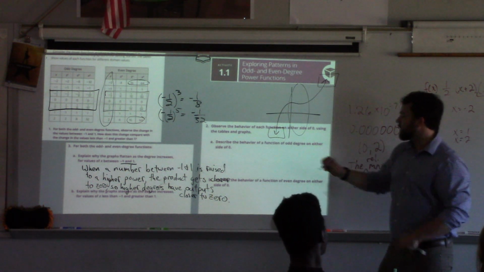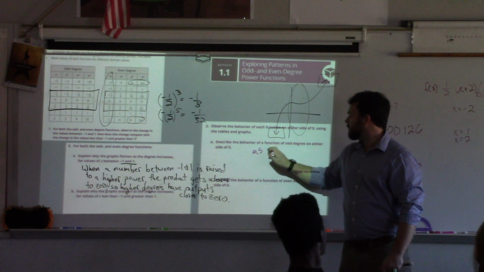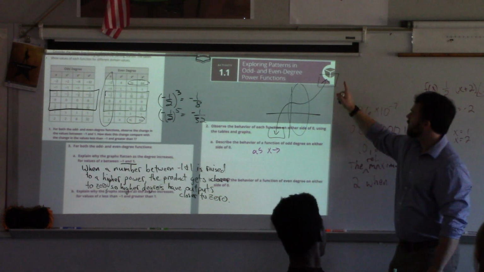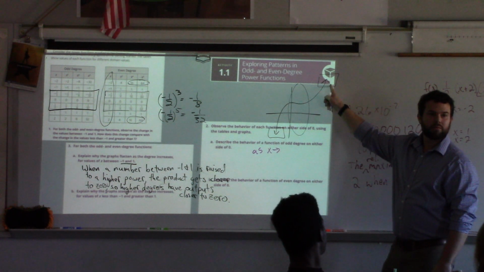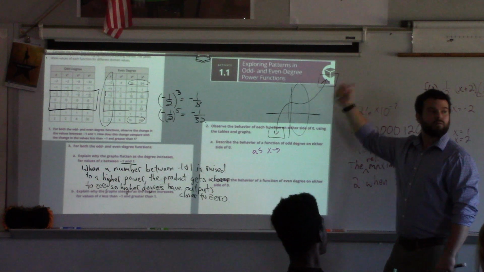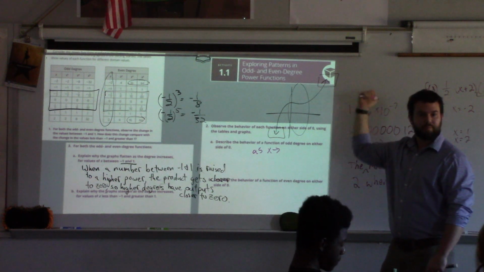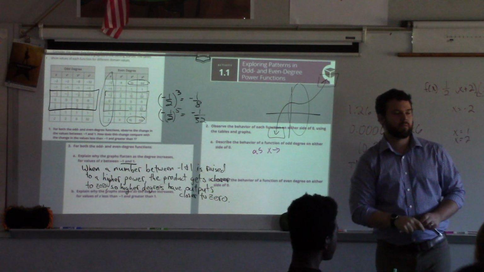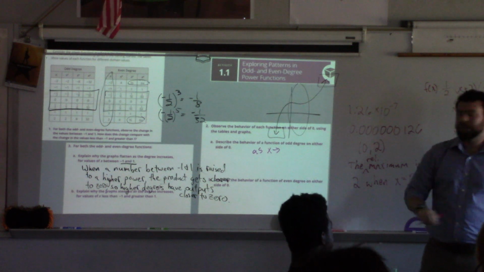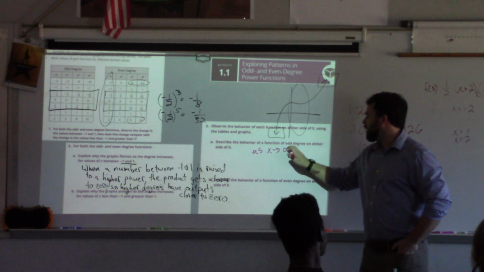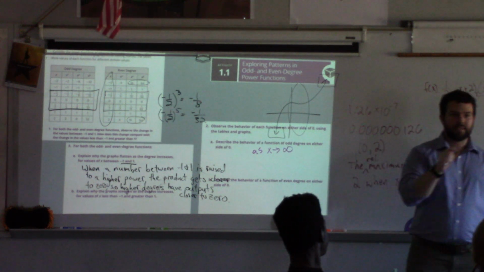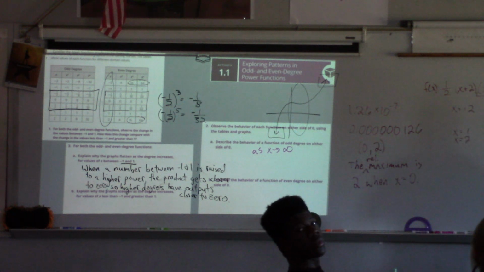So let me ask you this. Is that ever going to quit going to the right? So at the far right, which is where the end would be, what would the x value be? Infinity. As x approaches infinity. That's the end behavior, because it's the furthest to the right.